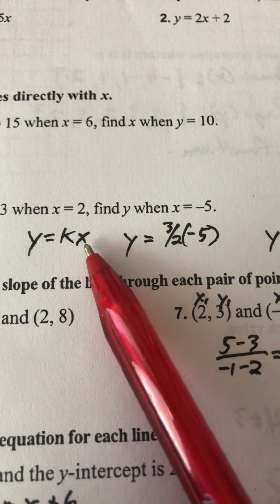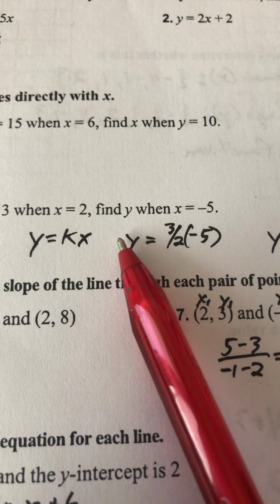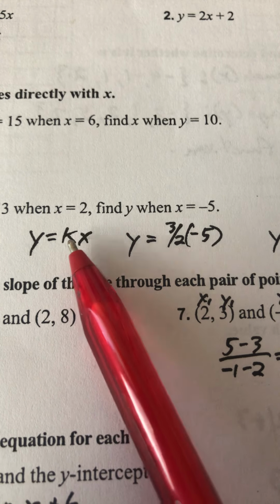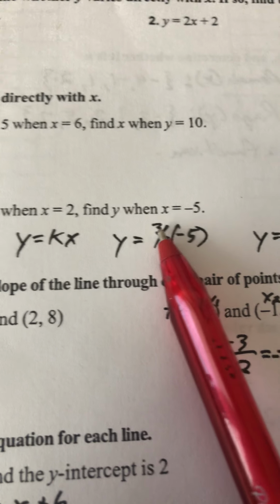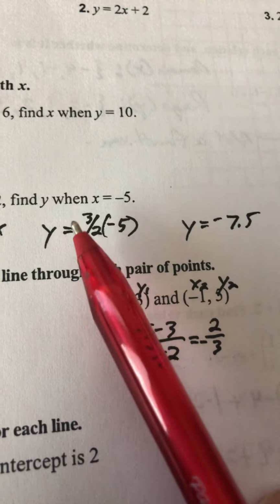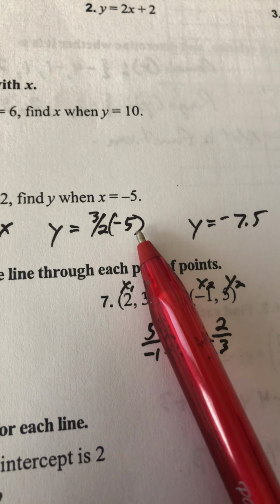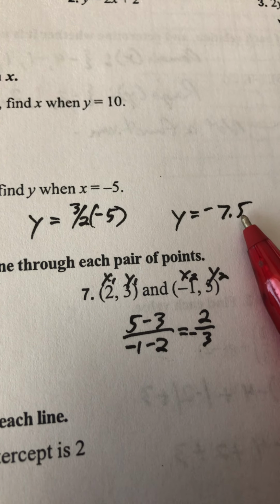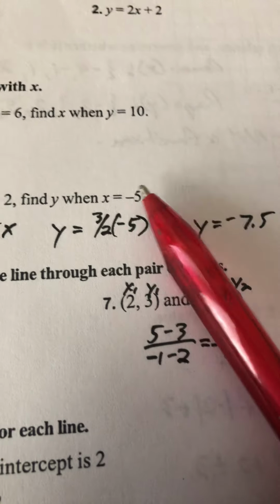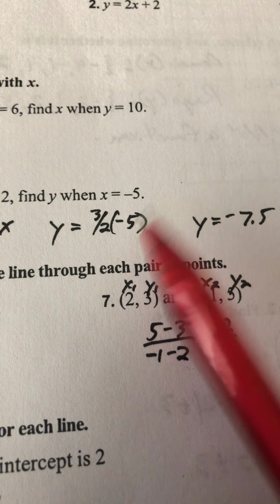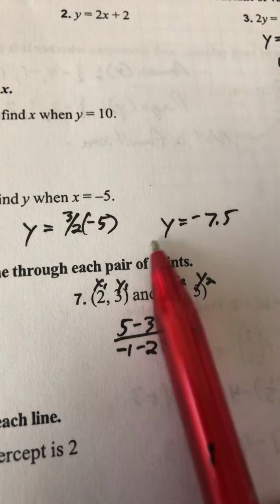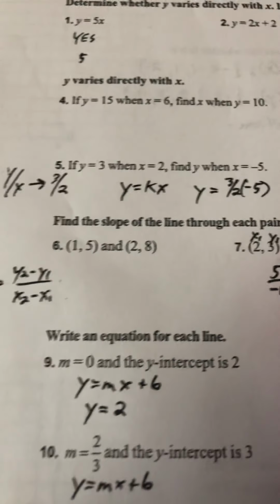I look at that formula from number 1, y equals kx, and just plug in that constant, 3/2. So 3/2 times -5 gives me -7.5 if my x were to be -5. That's your final answer, that's what y would be.